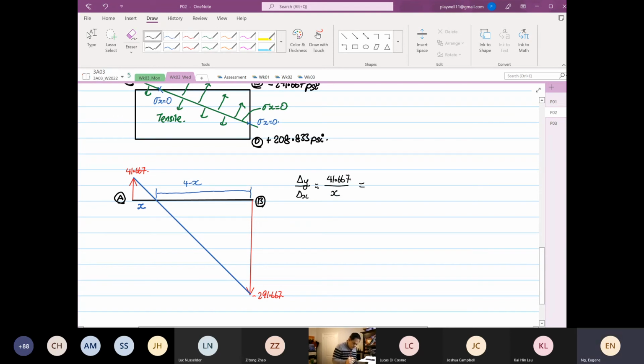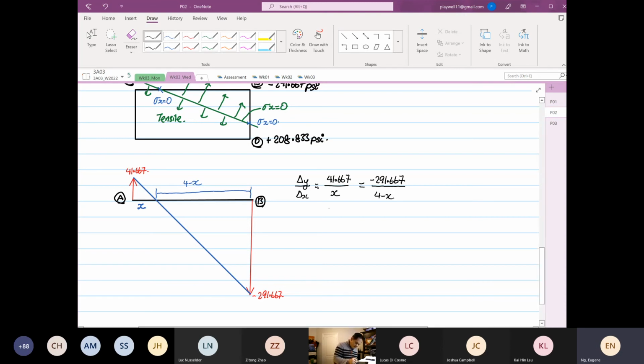And this thing will be equal to minus 291.667, and then at the bottom is 4 minus x. You can use this equation over here, or you can form any gradient equation.